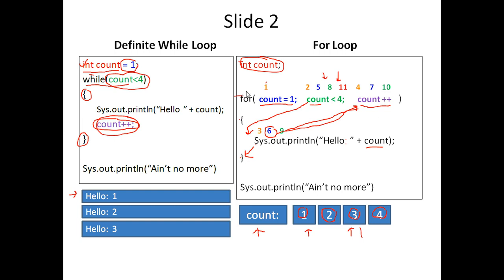So now, because it's false, we're going to kick out of the loop and go outside the loop and do another statement, which here it is. It says ain't no more. And so it prints that, and we're done. So that's a for loop. It's just like the definite while loop. It's just arranged differently. And so that's how it works.